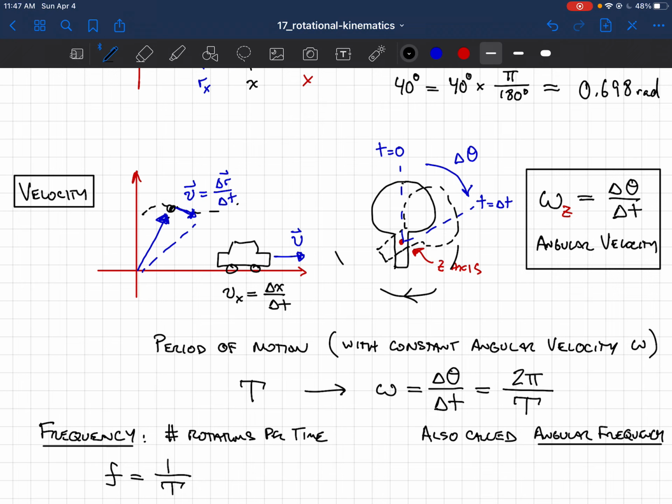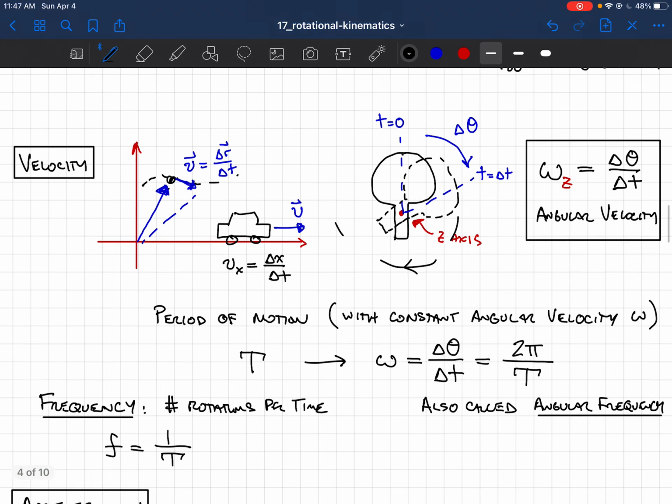And you can see why that's the case. If I say that this ping pong paddle takes 1 minute to go around, then the frequency would be 1 rotation per 1 minute. Or if it takes half a minute to go around, then the frequency would be 2 rotations per minute, right?